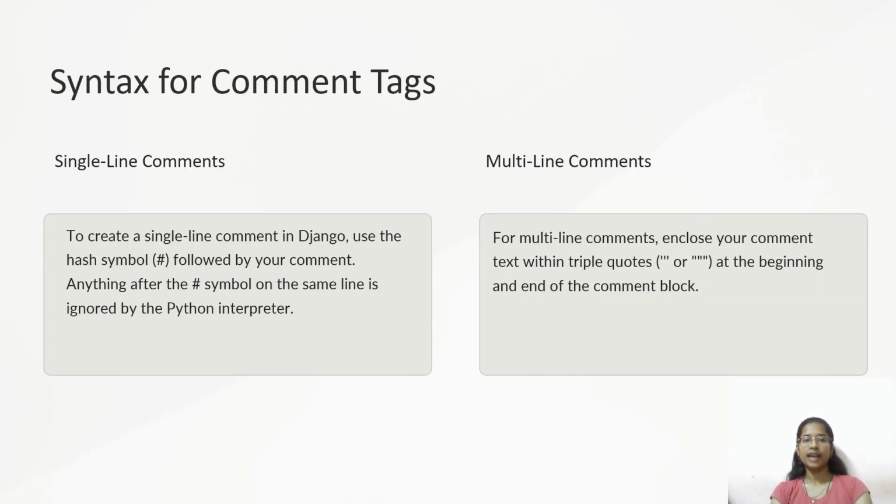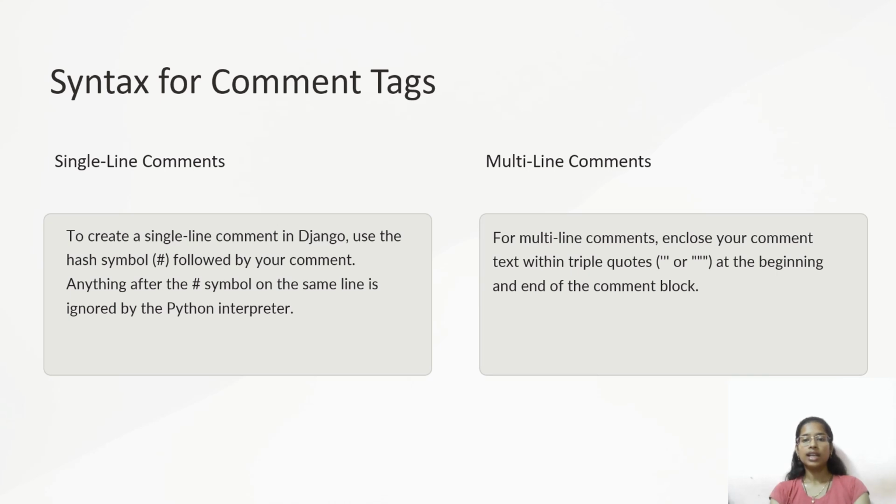Syntax for comment tags. It includes two main types. The first is single line comments and the next is multi-line comments. The single line comment in Python begins with the hash symbol. It is used to provide a brief explanation or note about the code that follows.